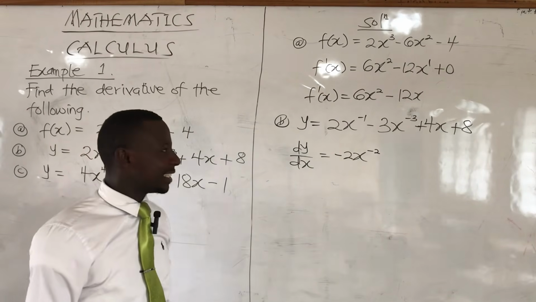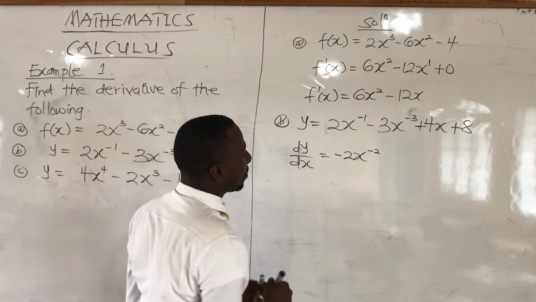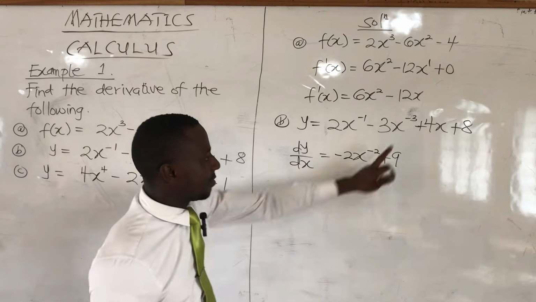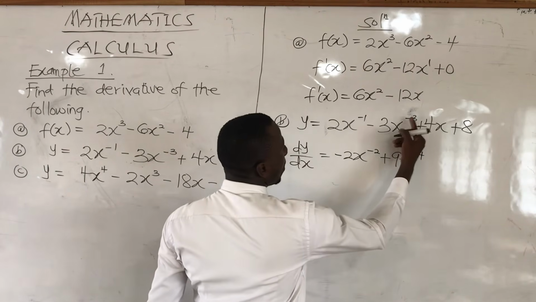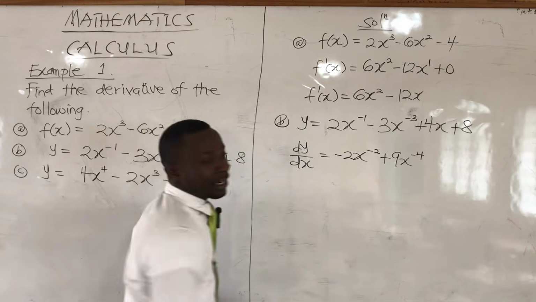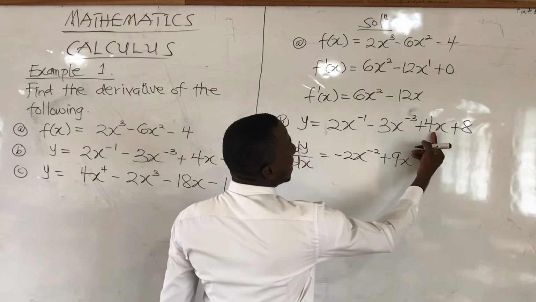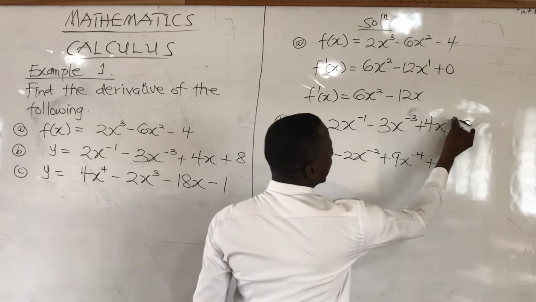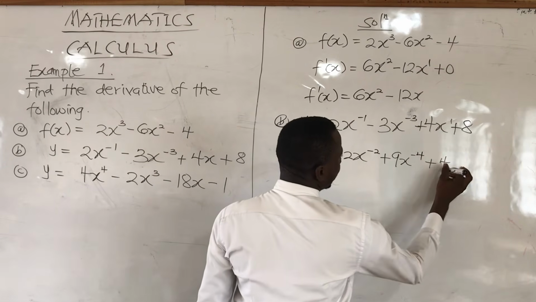Don't forget that. Then from here, negative 3 times negative 3, we have positive 9, difference 1, so x exponent negative 4, since negative 3 minus 1 is minus 4. Plus the differential of 4x, we know that this one has an exponent 1, so 1 times 4, we still have 4.